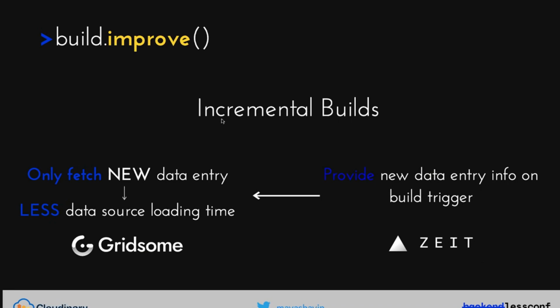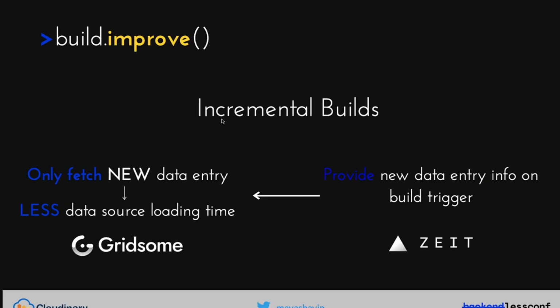Zeit will get this information and pass it down to Gridsome, and Gridsome will know exactly what it needs to do. Or the CMS can actually directly communicate with Gridsome by providing some sort of a field that says this is the new one and this is the old one. And Gridsome can also use some kind of a hash lock to make sure that it can compare the previous build and the current build to see which one should be rebuilt.